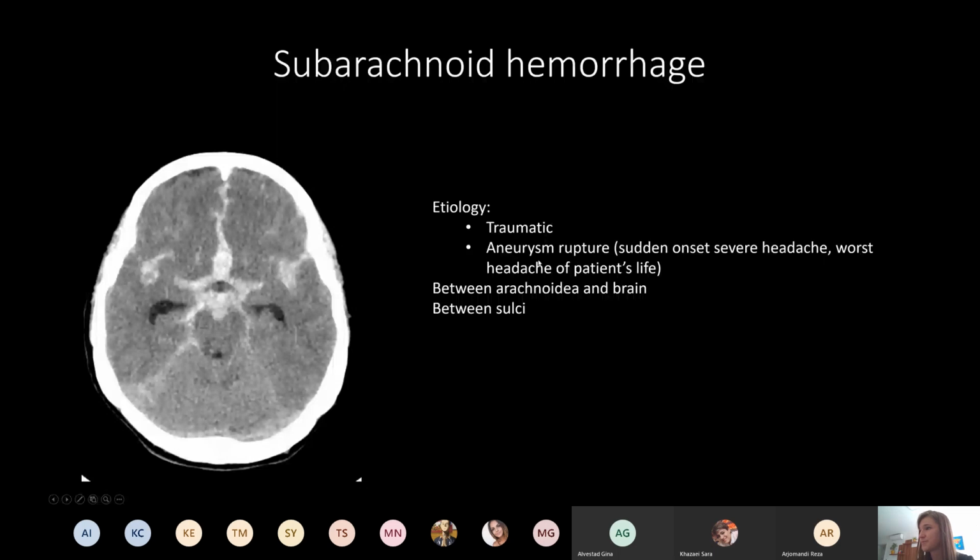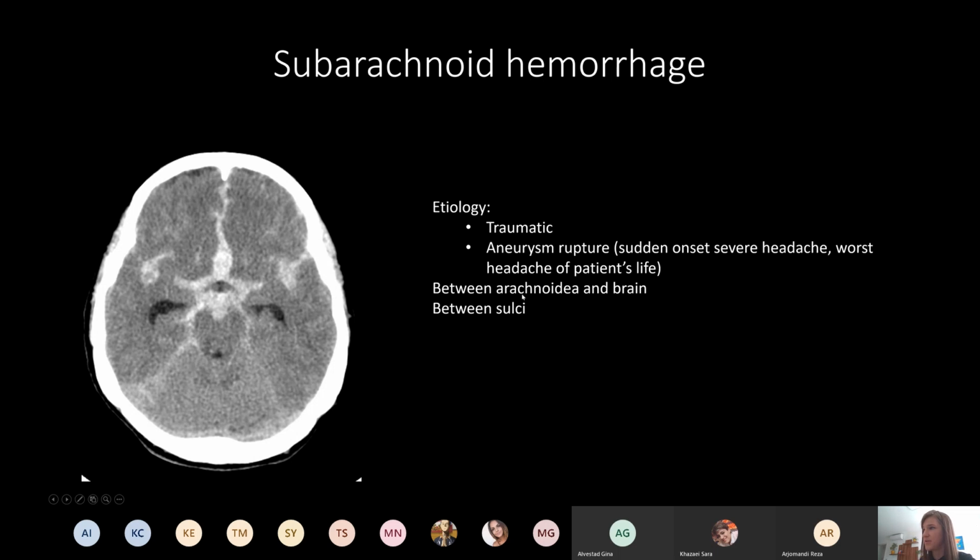This is when I talked to you about this young patient, sudden onset of severe headache, worst headache of patient's life. These are the typical symptoms for aneurysm rupture. When there is an aneurysm rupture, normally the blood is located on the base, somewhere in the basilar cisterns. When the blood is more on the convexities, then probably it's because of trauma.